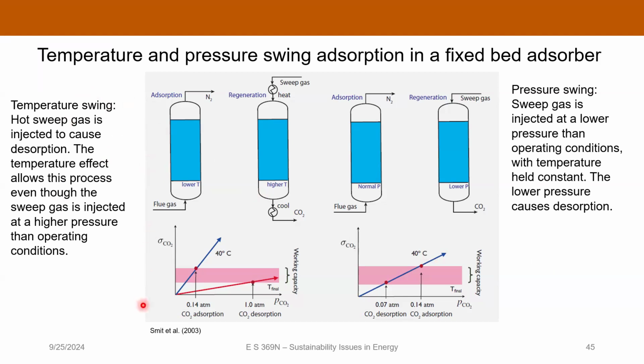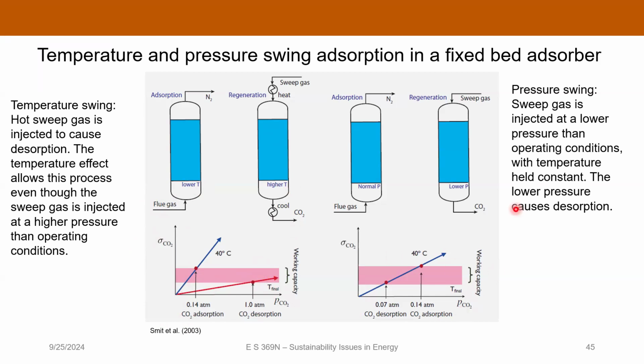So you start off with just adsorbing at ambient conditions, and then you purge that with a hot sweep gas. And so you're never going to completely desorb all the CO2. There's some what we call working capacity, which depends on the temperature difference that you're imposing. You can combine this with a pressure swing also to get more to desorb.